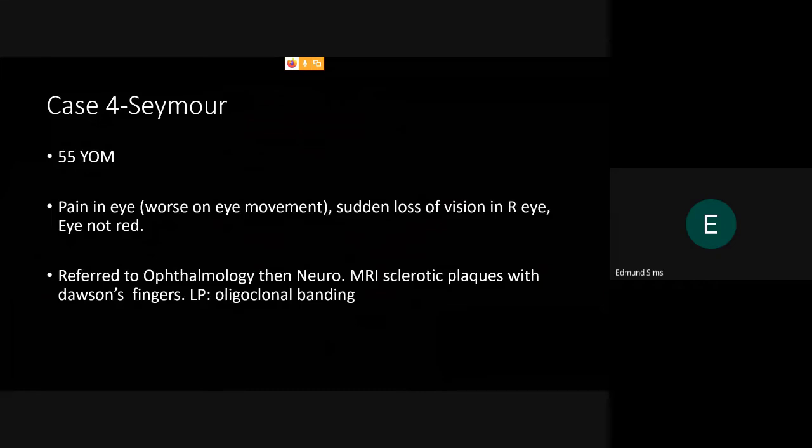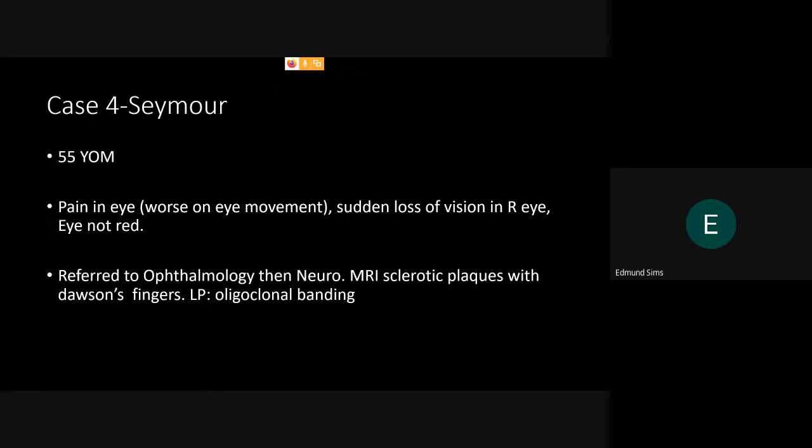They take a look in there and refer through to neuro. MRI shows sclerotic plaques with Dawson's fingers. They decide to do an LP and find oligoclonal banding. No prizes for guessing what it is. Any ideas? MS? Yeah, well, optic neuritis specifically, but yeah, MS.